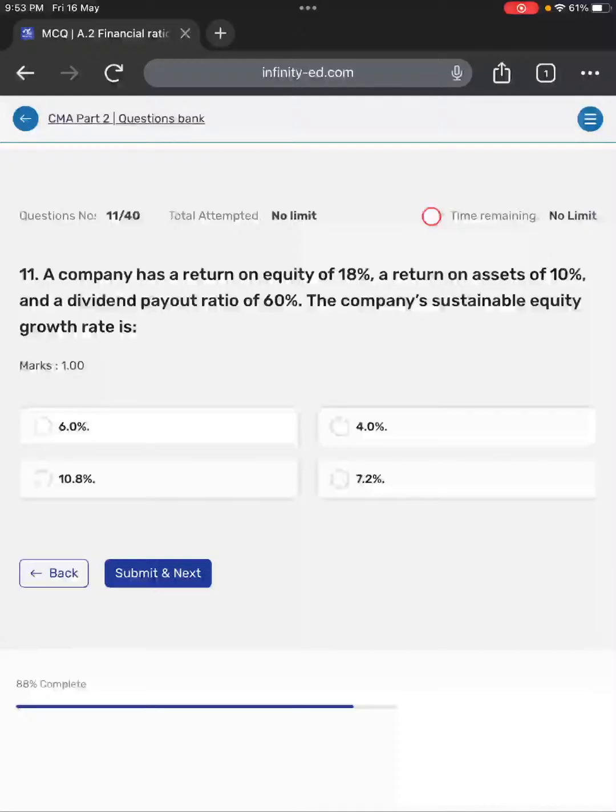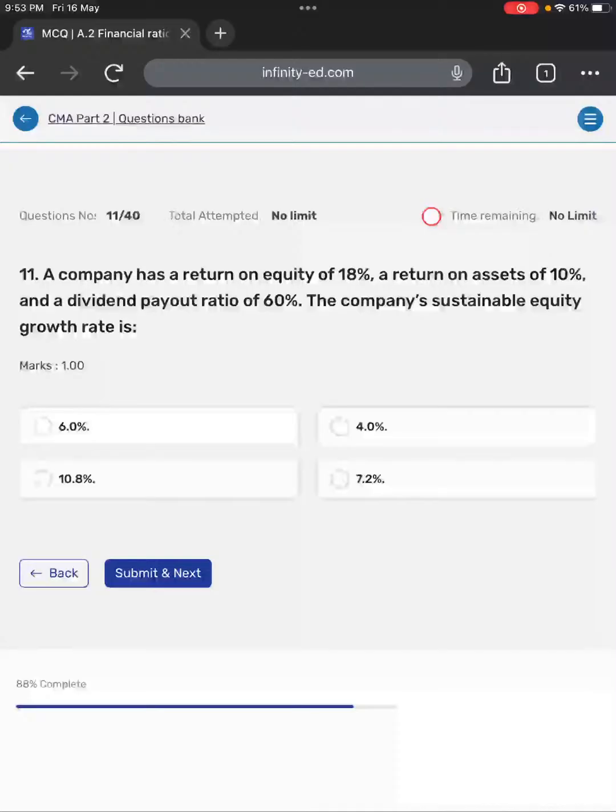Sustainable growth. Now we have to calculate the sustainable growth rate. The sustainable growth rate is net income minus dividend payout, divided by equity: retention ratio multiplied by return on equity.